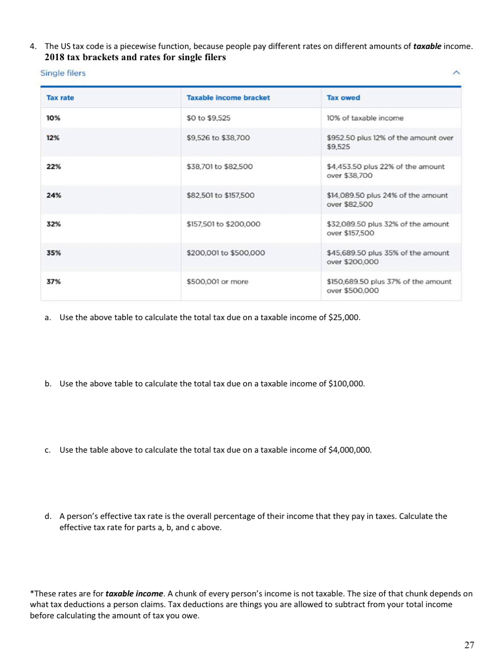That's very straightforward. 10% of $9,525 is $952.50. So if you made this exact amount, $9,525, your taxes owed would be $952.50. But then we jump up what they call a tax bracket.